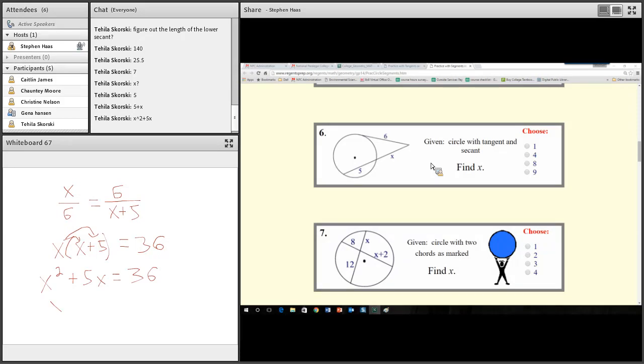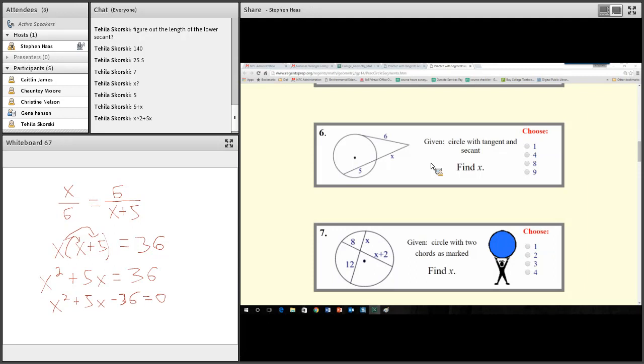So over here, you've got x squared plus 5x minus 36 equals 0. Again, this is a quadratic equation, so if you don't remember how to do this, we shouldn't have too many problems like this.